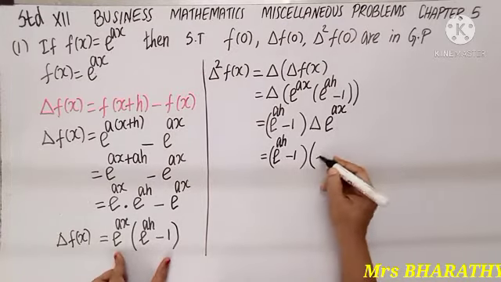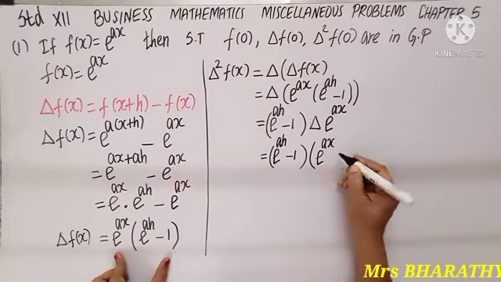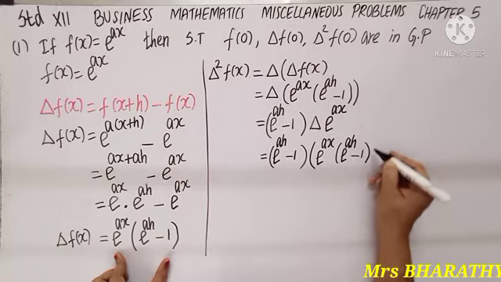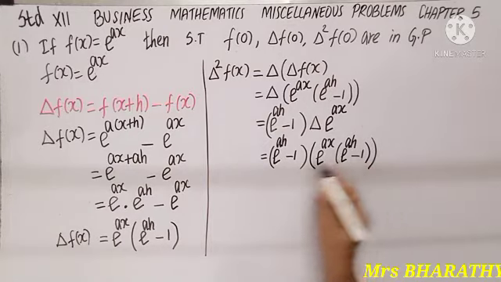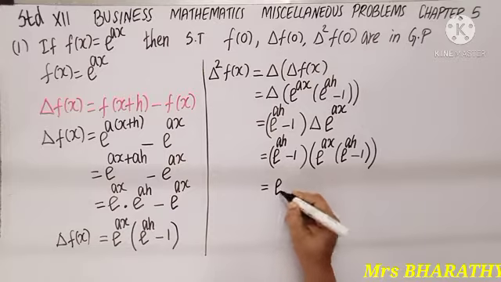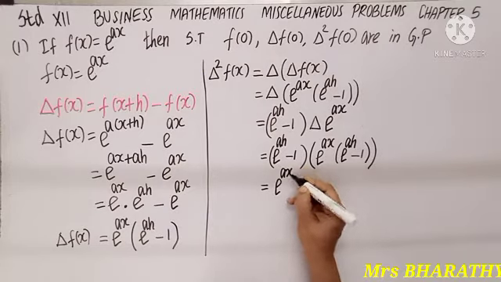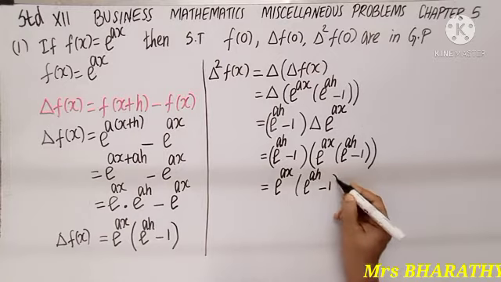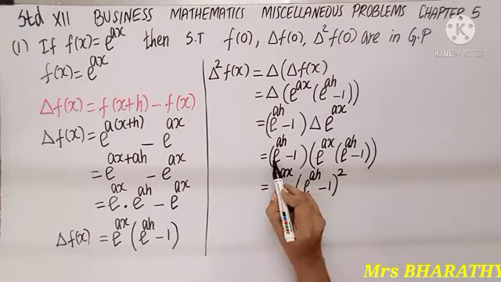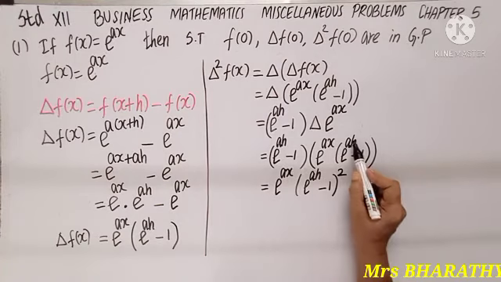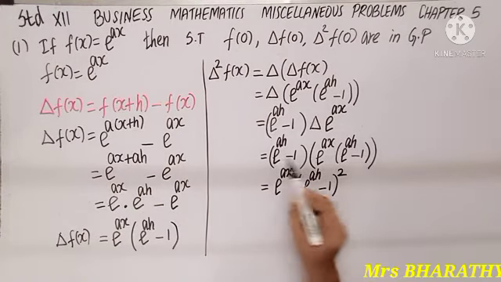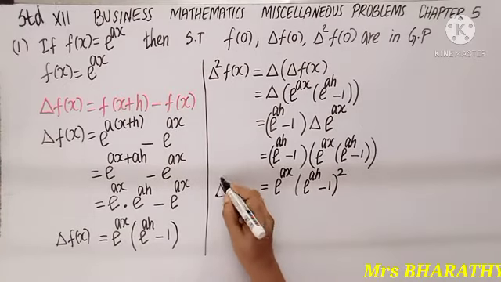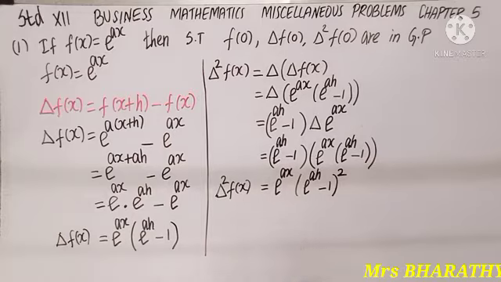We have the answer, e power ax into e power ah minus 1. Now these two are same terms, so we can multiply. E power ax into e power ah minus 1 the whole square. This is del square f of x.